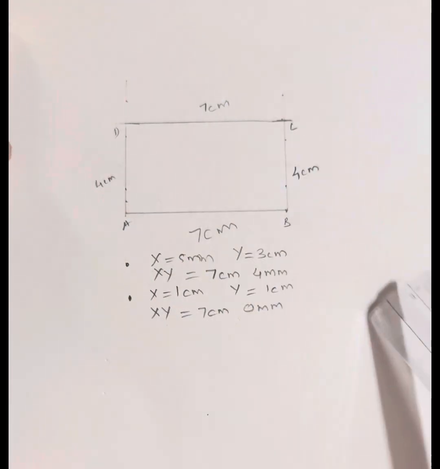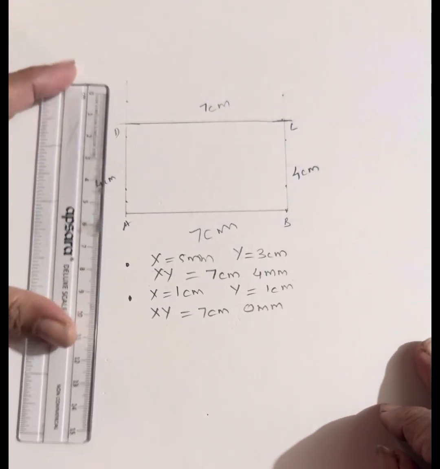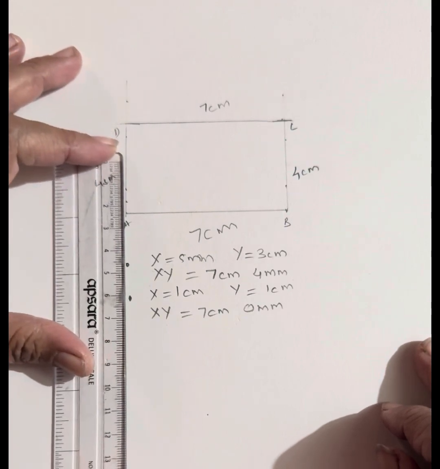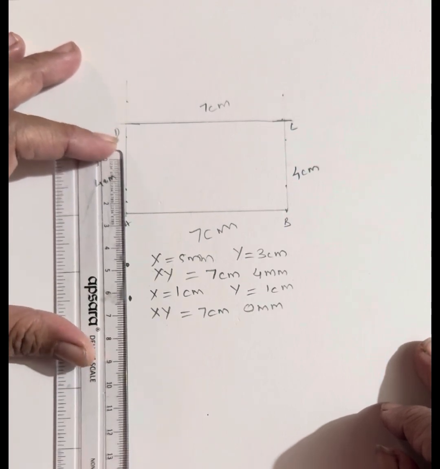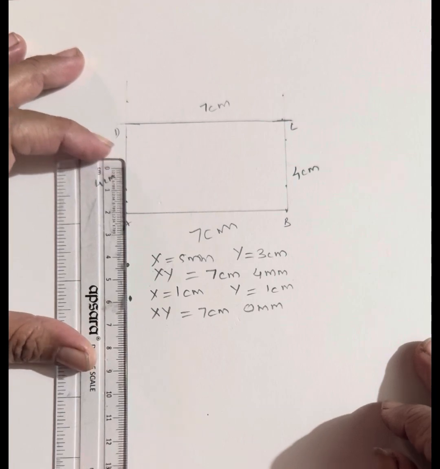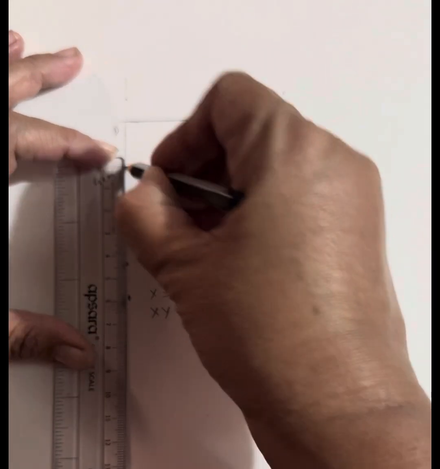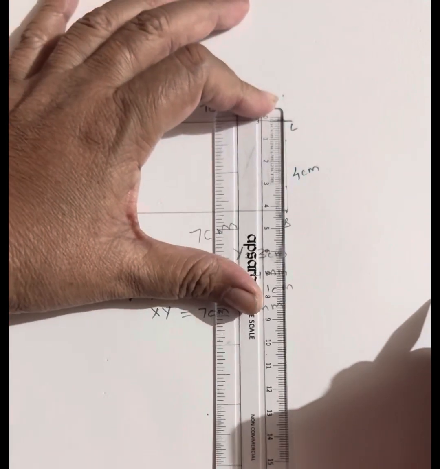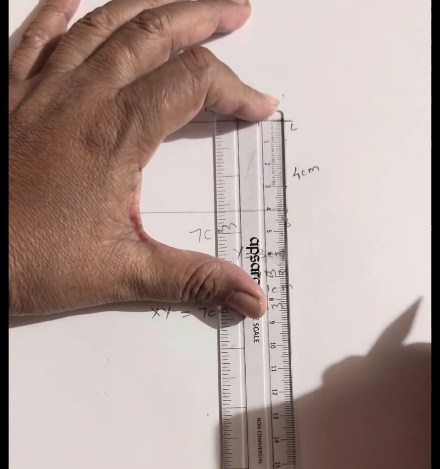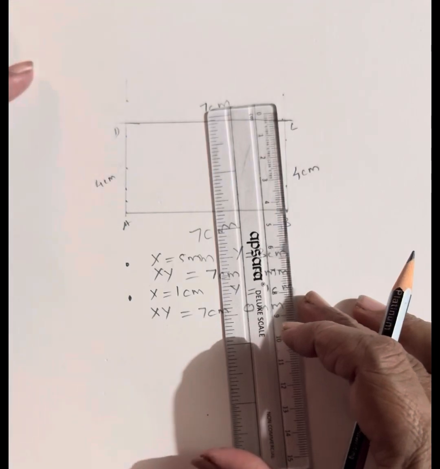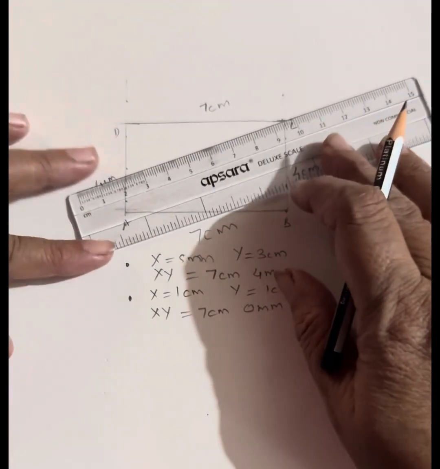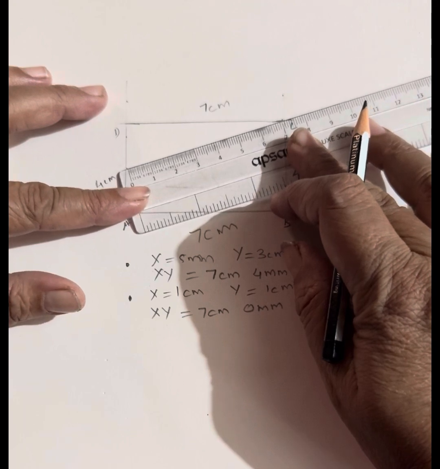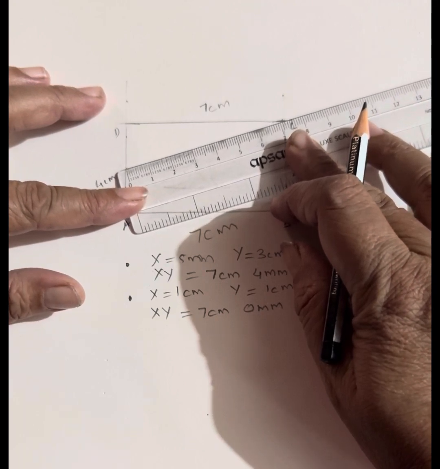Okay, it has to be exactly 7 centimeter. Now the third question, when X is 2 centimeter away from A. So I take 2 here and I mark a point. And Y is 4 centimeter away. That is at point C. It will overlap, right? Because this BC is 4 centimeter. So now if I join these 2, you can see it is little more than 7.